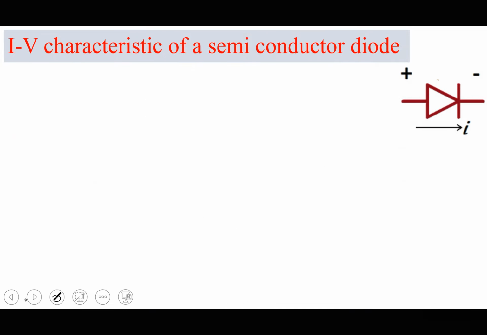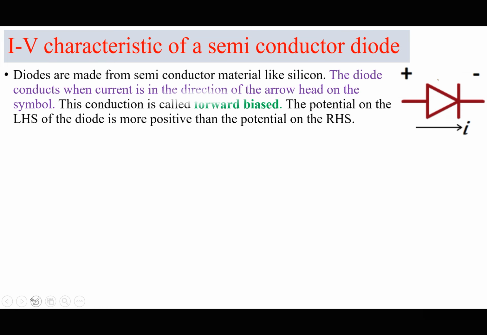Remember, you must be able to draw the circuit diagram. So diodes are made from semiconductor materials such as silicon. We also have germanium. The diode conducts when current is in the direction of the arrowhead on the symbol. So the diode will only conduct when current is in this direction shown by this arrowhead. Because this end is positive, the other end is negative.